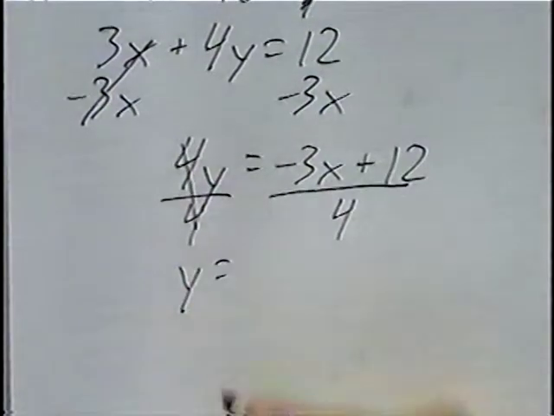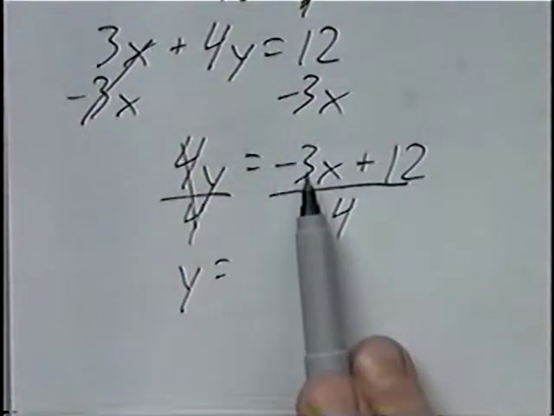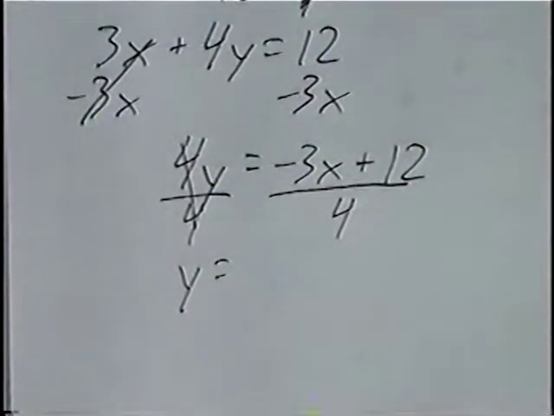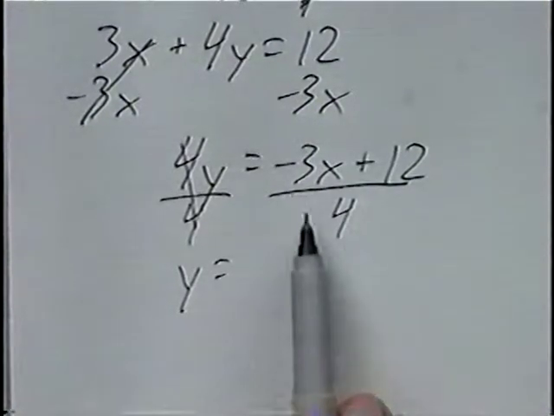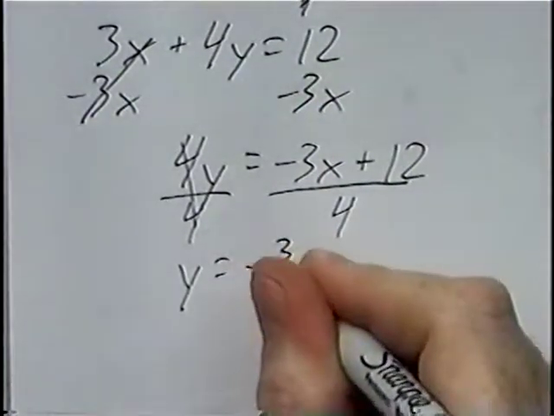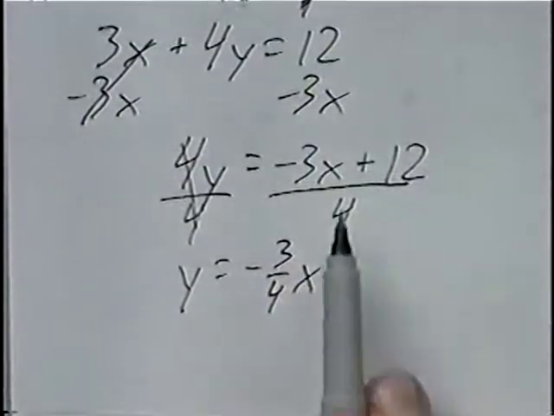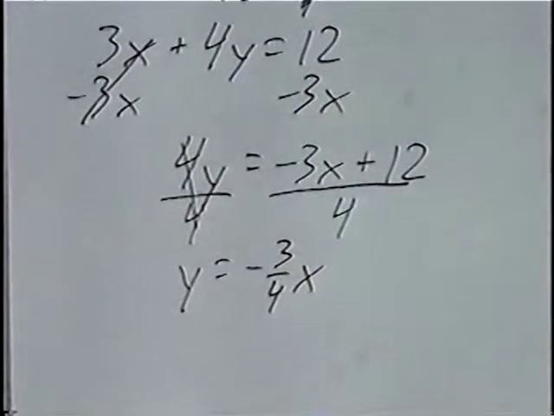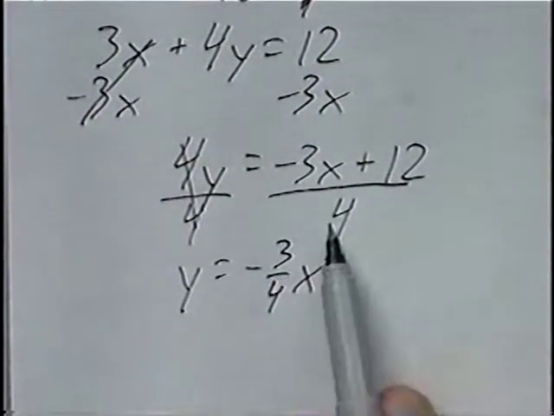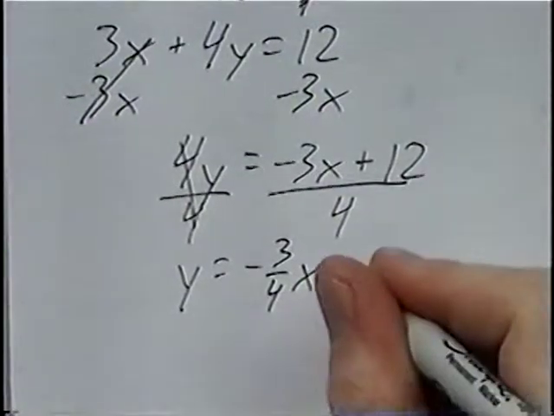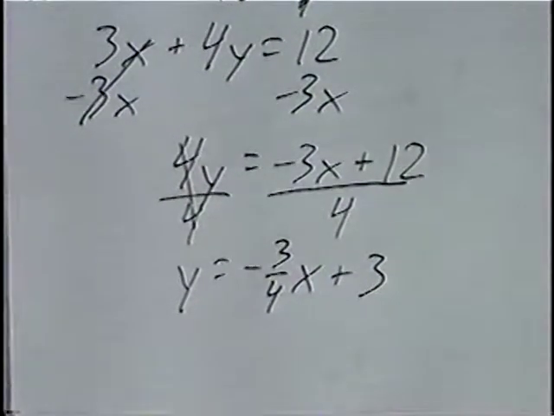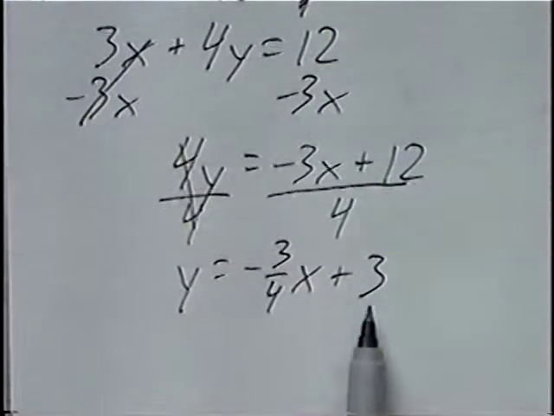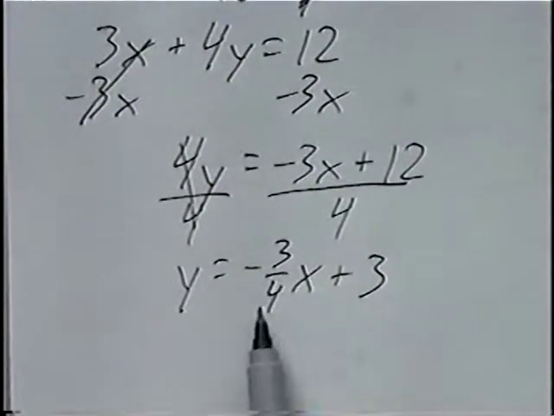Y equals, when we're dividing by 4, we'll divide each number on the right side by 4. Negative 3 over 4, we can leave as a fraction. And x would go after it, so we'll have negative 3/4 x, and 12 divided by 4 would be 3. So the equation in mx plus b form, or slope-intercept form, is negative 3/4 x plus 3.